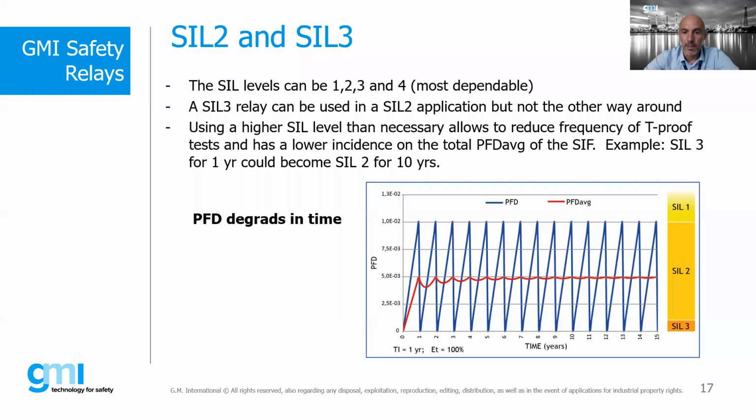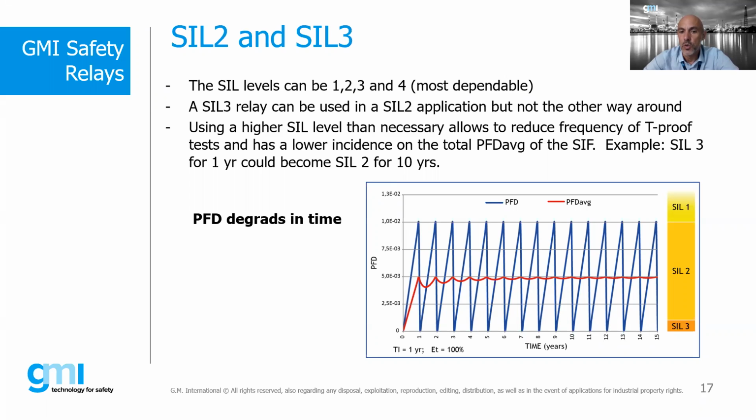Let's look at this example. We have an application with SIL3, which can be any other device. You start today, and by the time you are using the hardware, the relay won't be certified anymore for SIL3, but it will become SIL2.